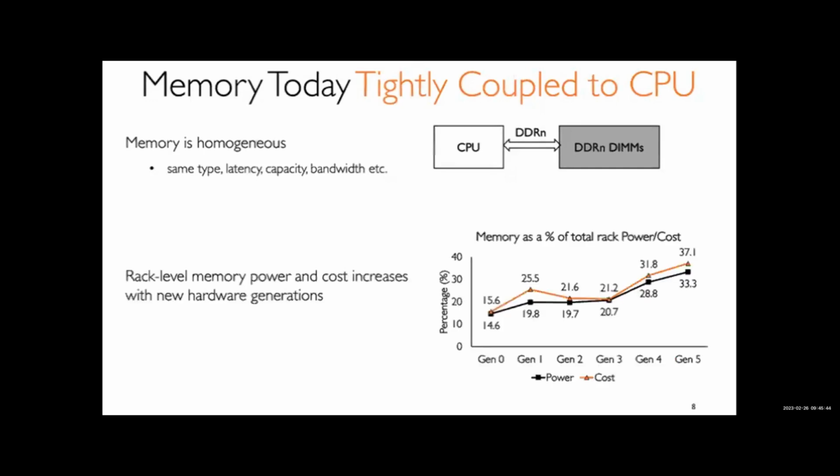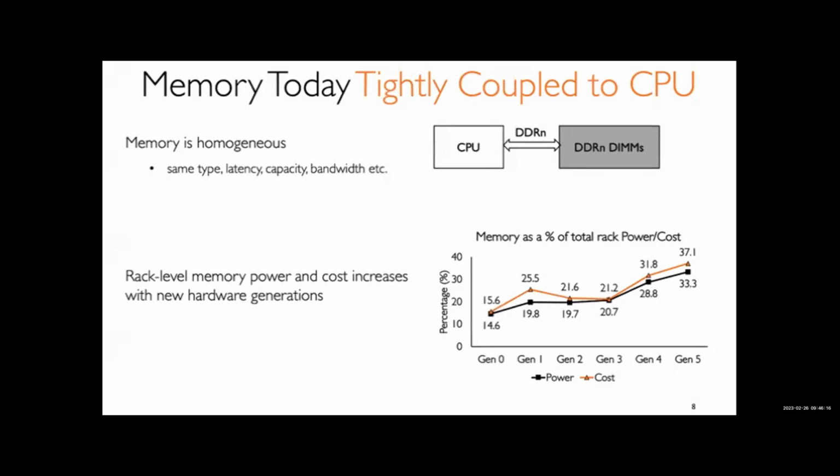Besides, all the memory nodes to the CPU are of homogeneous properties. We cannot mix and match different memory technologies with different cost per gigabyte and bandwidth versus latency profiles. So when a new generation of CPU is available, we need to upgrade the DRAM accordingly. And for that, the previously owned DRAM becomes obsolete and it increases the total cost of ownership of the data center. And it also increases the power consumption of the data center because newer generations of hardware may sometimes have higher power demand.